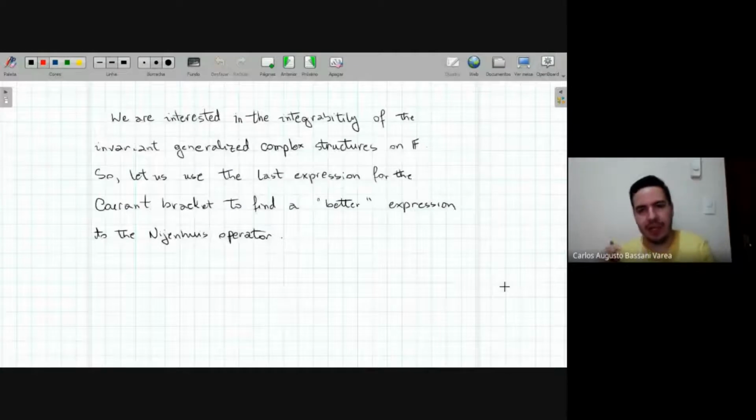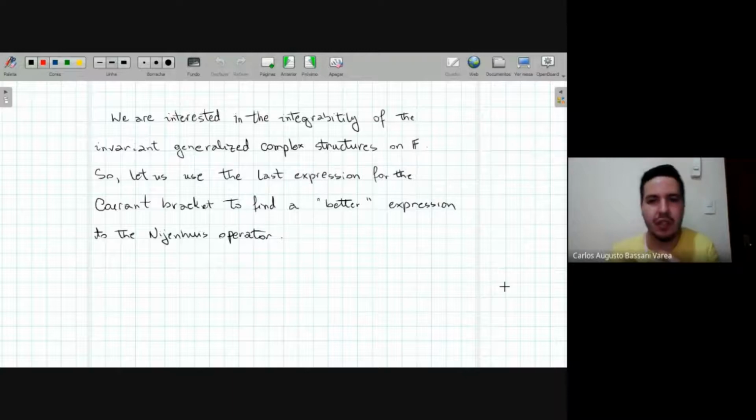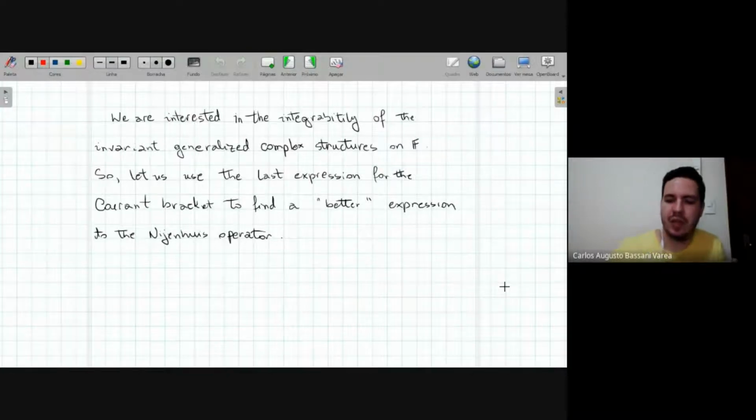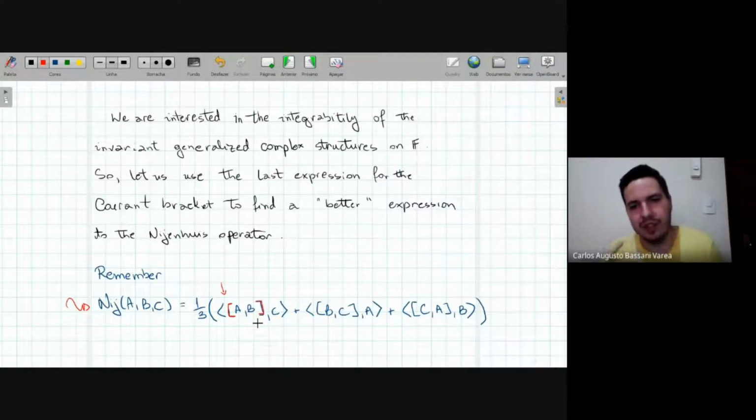But remember, when I introduced the notion of integrability of generalized complex structures, we presented also another way to look at the integrability, which was by means of the Nijenhuis operator, which is given by this expression here, where we have on the right-hand side the bilinear form on the tangent space plus the cotangent space, and here we have the Courant bracket. And we have the cyclic permutations of these guys.